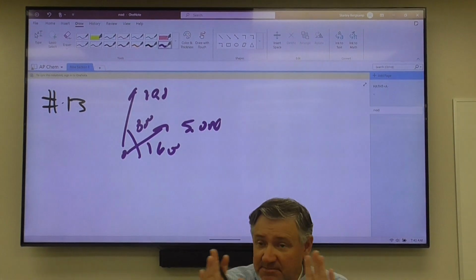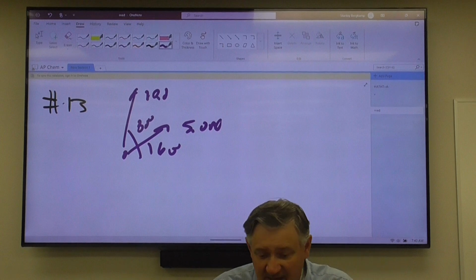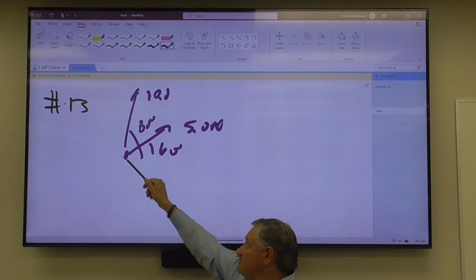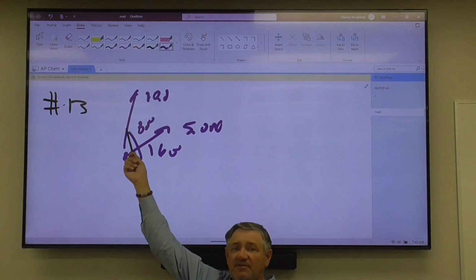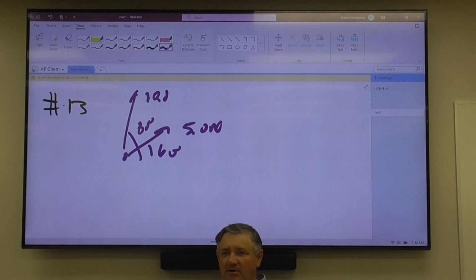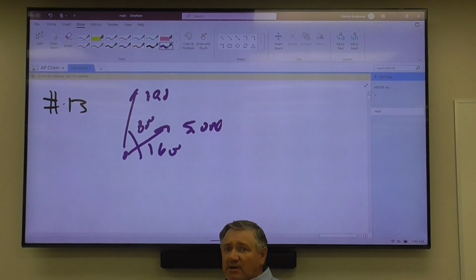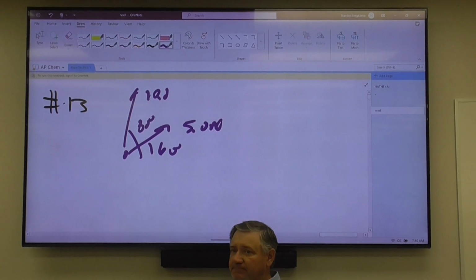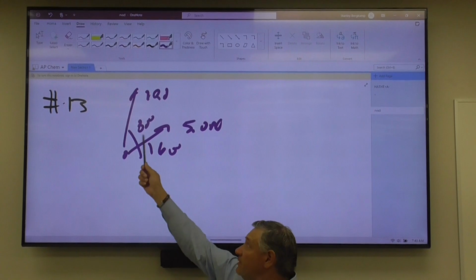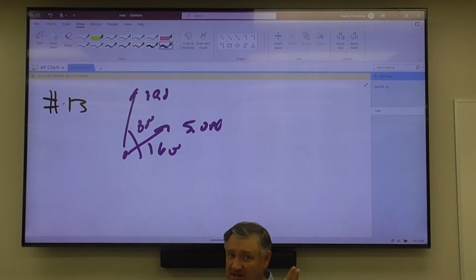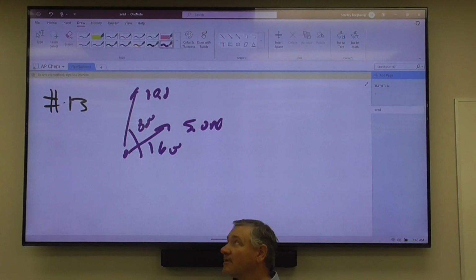This is not tip to tail. This just says, here's a soccer ball. Danny's kicking it this way, Cohen's kicking it that way. Where's the ball going to go? So clearly, what does that angle have to be between? Somewhere between 60 and 80 degrees, without fail.